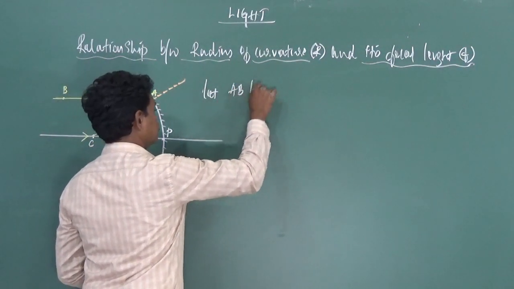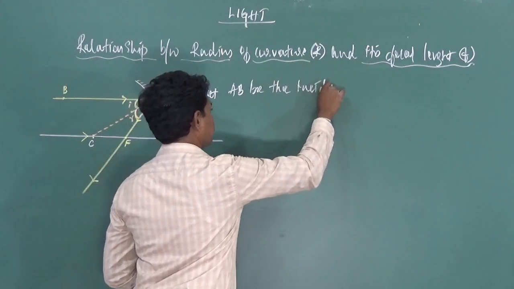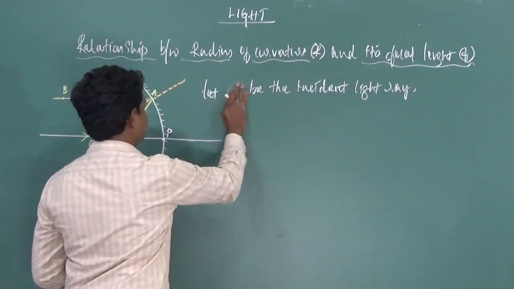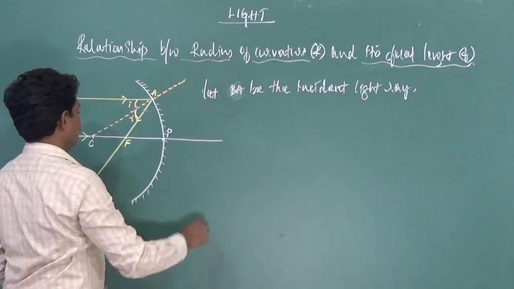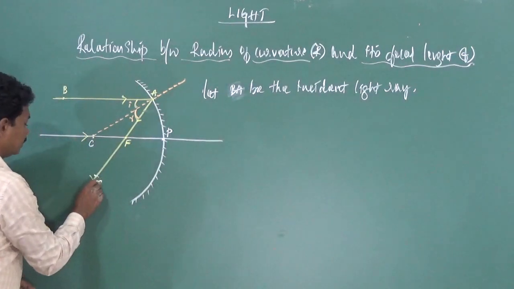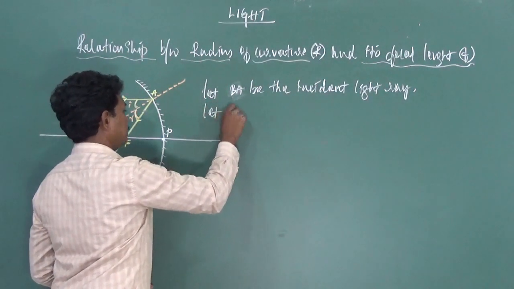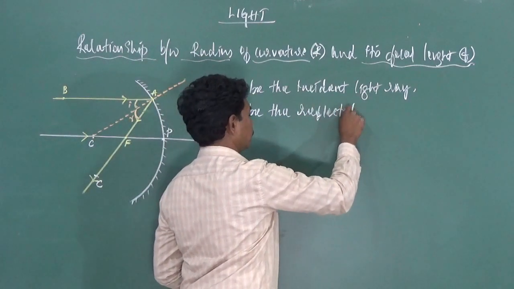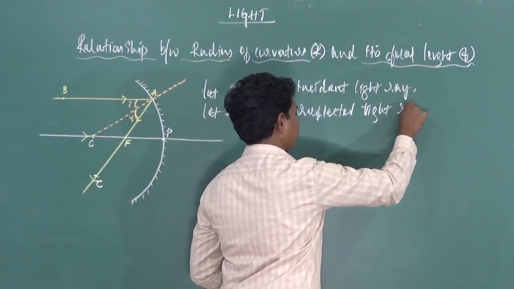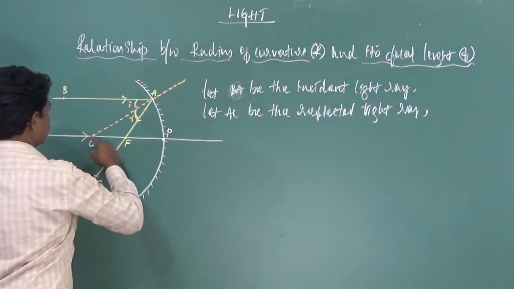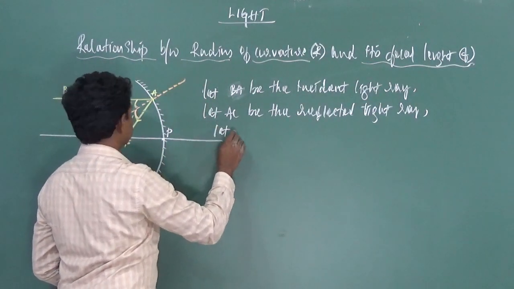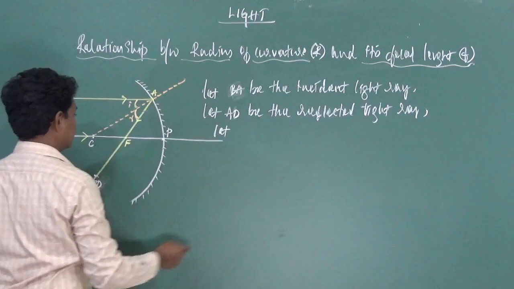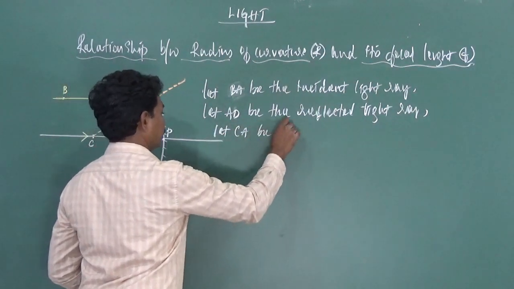Let BA be the incident light ray, and let us take a point D, so AD be the reflected light ray, and let CA be the normal.